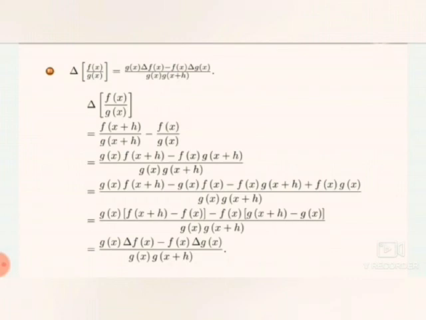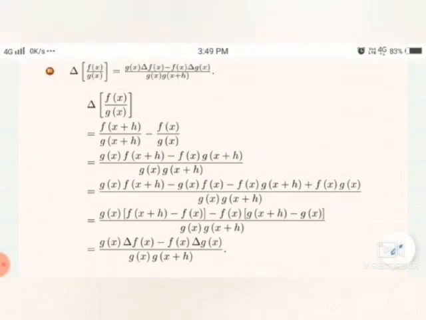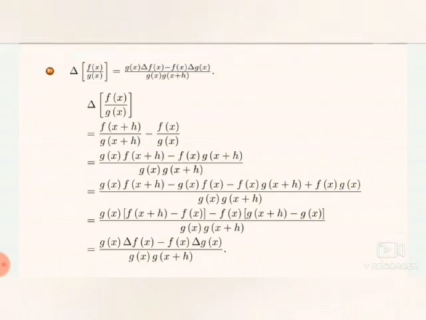And see, when you take the function f of x as a common function, see the third step: minus f of x g of x plus h plus f of x g of x. We need a minus sign in between g of x plus h minus g of x, so I have taken a negative as a common value. So minus f of x as a common value, so we get a negative value in between g of x plus h minus g of x.